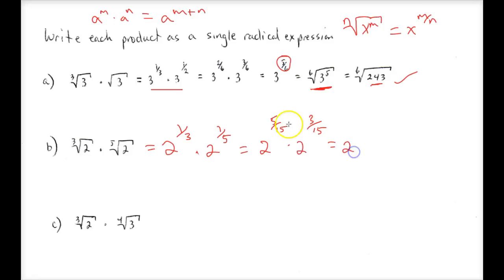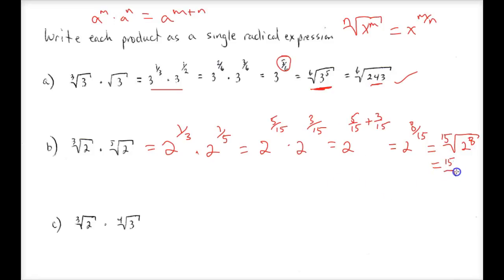So we'll take this, we'll add the exponents together, come up with 2 raised to the 8/15, and then from there we just rewrite. Okay, and of course we know that 2 raised to the 8 is just 256.